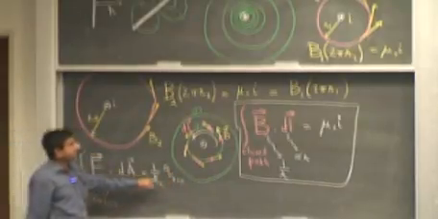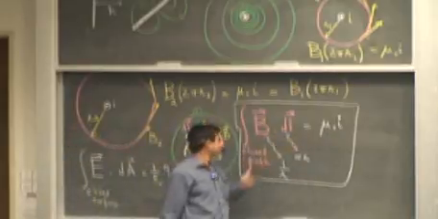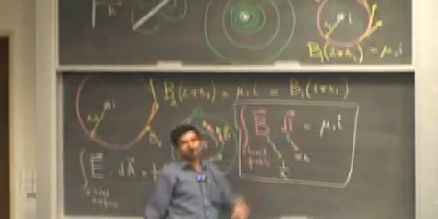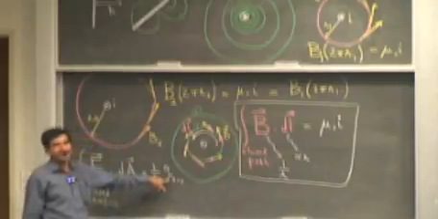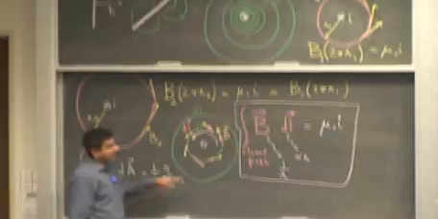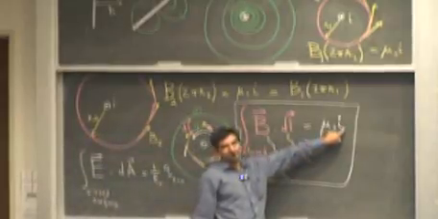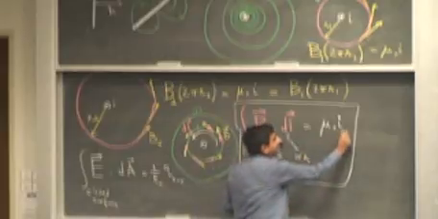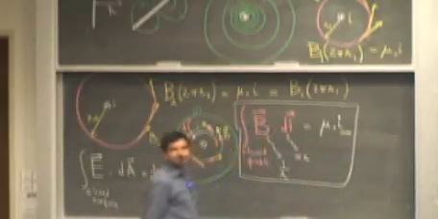So evidently there is a reciprocal relationship between epsilon naught and mu naught. The role that the static charge plays in the electric field, in electricity, is played by a moving charge or a current in the magnetic field. This is the current enclosed.